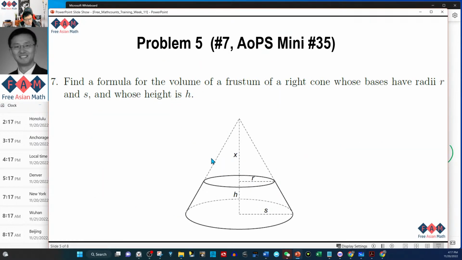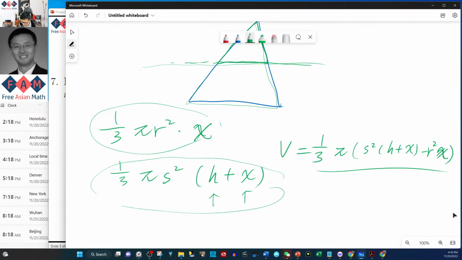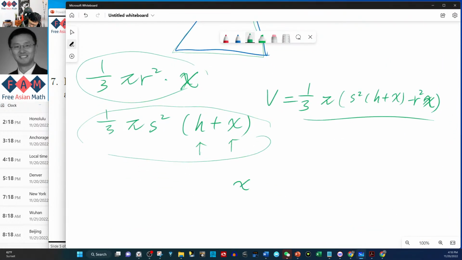That's why this similarity is so important. Because the smaller cone is similar to the original cone, that means everything corresponding to the other must be in the same proportion. Anything. So the height x to x plus h. Remember, this is the height of the smaller cone, and x plus h is the height of the original bigger cone.